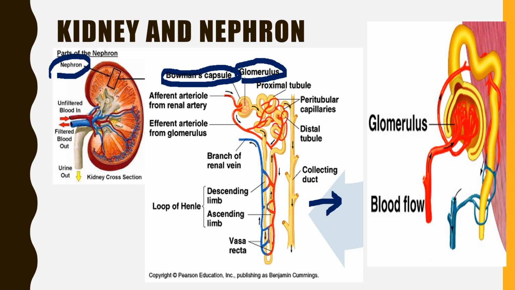The remaining waste material along with water is passed on to the collecting duct. The collecting duct joins to form a common duct which reaches the ureter and allows the waste material to flow down into the urinary bladder.